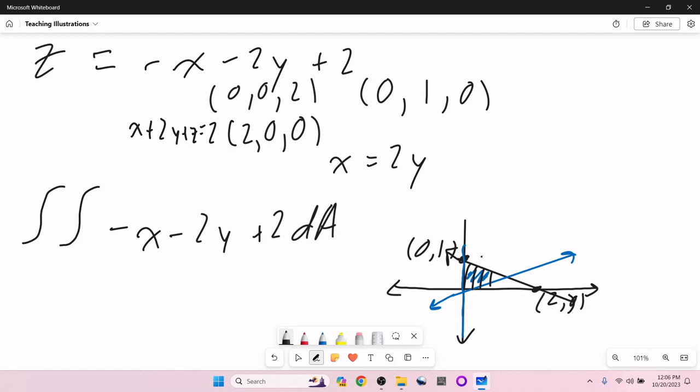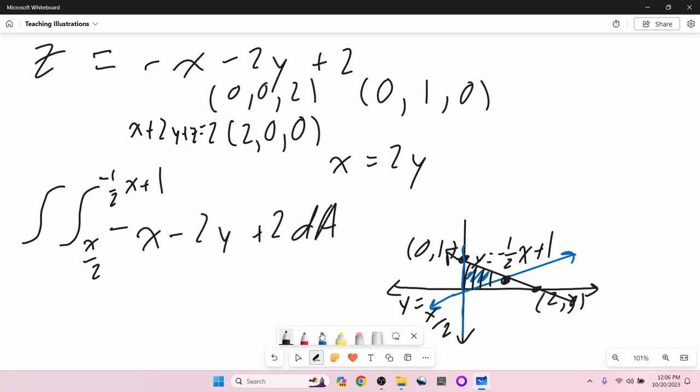So the top would be y equals -1/2 x plus 1, and the bottom would be y equals x over 2. You can just solve out that first one to get what y is. So, y goes from x over 2 at the bottom to -1/2 x plus 1 at the top.